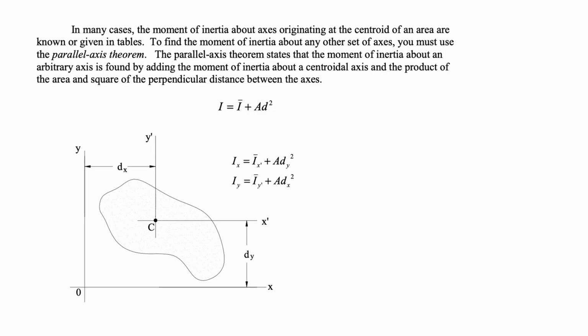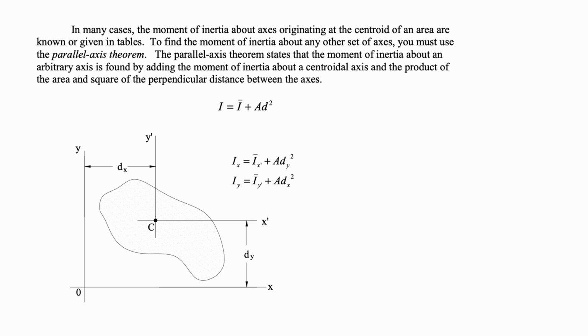In many cases, the moment of inertia about axes originating at the centroid of an area is known or given in tables, but to find the moment of inertia about any other set of axes, you must use the parallel axis theorem, because moment of inertia is not constant, it will change. When we are changing the location of the axis, the value of moment of inertia will be different.